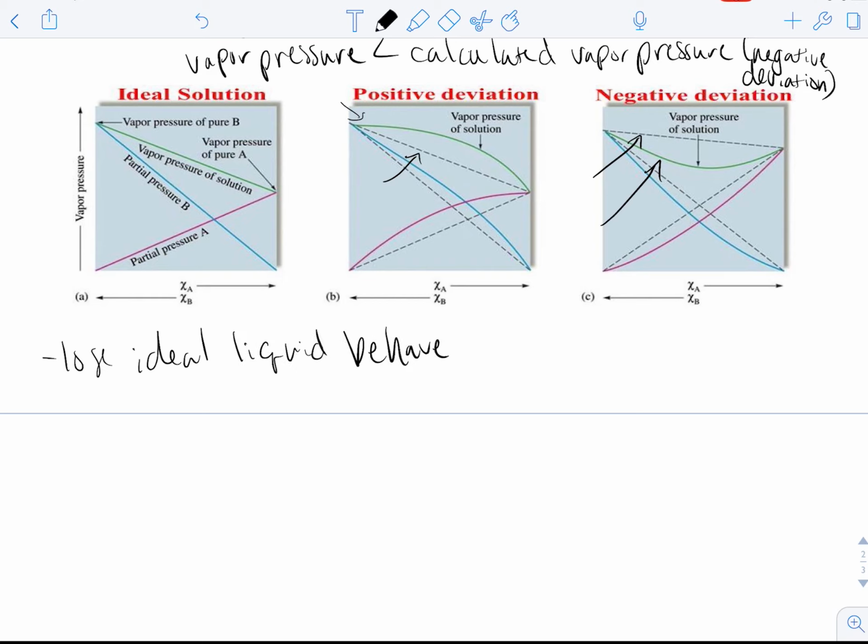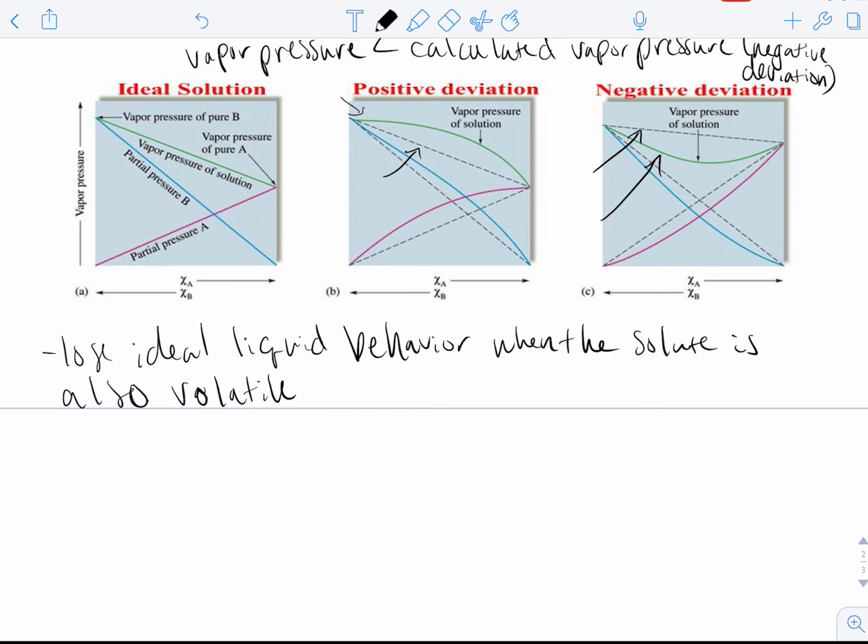So we lose ideal liquid behavior when the solute is also volatile. And when we have a volatile solute, we have to add our solute's vapor pressure to our solvent's vapor pressure to get the total vapor pressure of the solution.